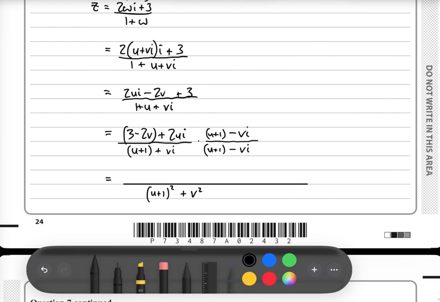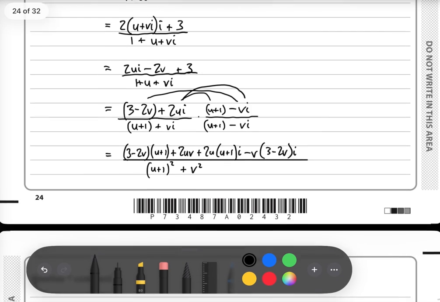In the numerator, 3 minus 2v times u plus 1, and then the other real part will be this one times this one because of the i squared. That will become plus 2uv. Then this one times this one, 2u(u plus 1)i, and this one times this one, minus v lots of (3 minus 2v)i.